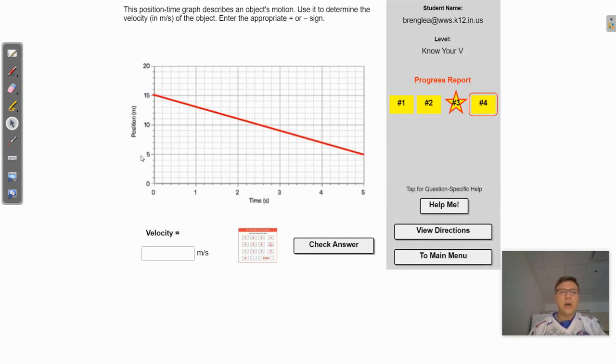Okay, now, so this one I want to talk about conceptually for a second because this is a negative slope. And the most common misconception is that this means that the object is slowing down, and that is not true. The object is not slowing down, and I know that because the slope of this line never changes.